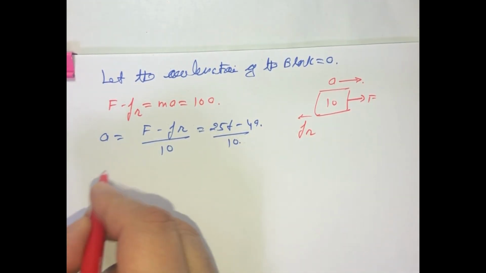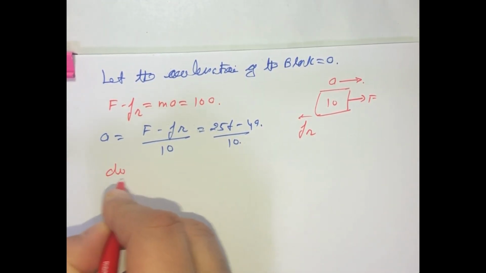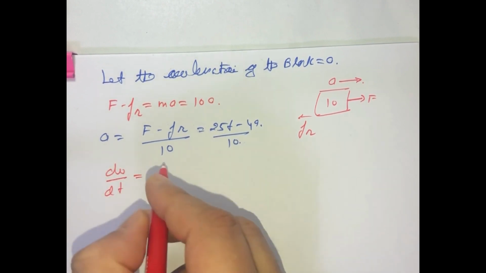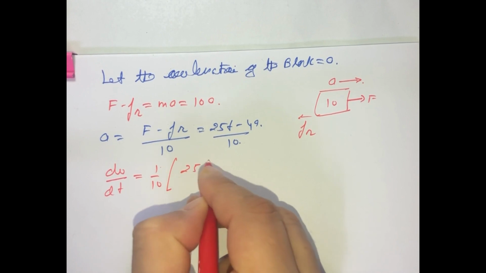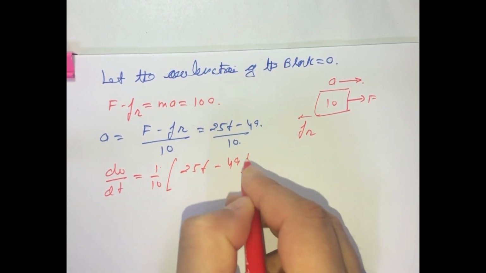Therefore we can write dv by dt equals 1 by 10 times 25t minus 49.